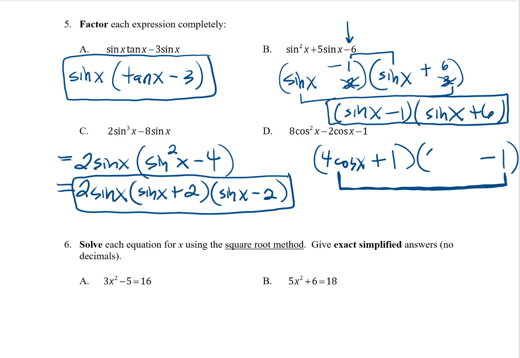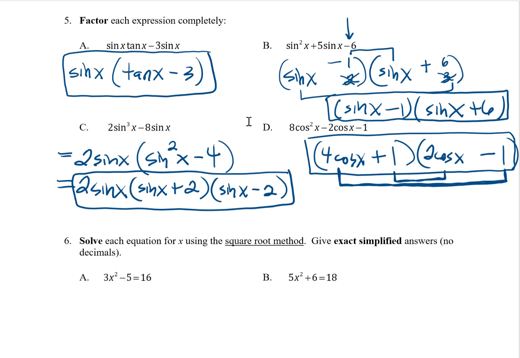If I put the 2 cosine x here, then the inner multiplication would be positive 2 cosine x, and that does it. Negative 4 cosine x plus 2 cosine x makes the negative 2 cosine x in the middle that I needed. And so we're done. We factored it.